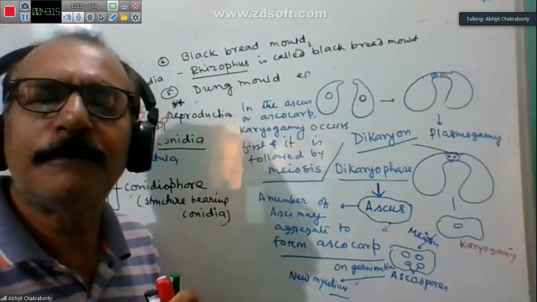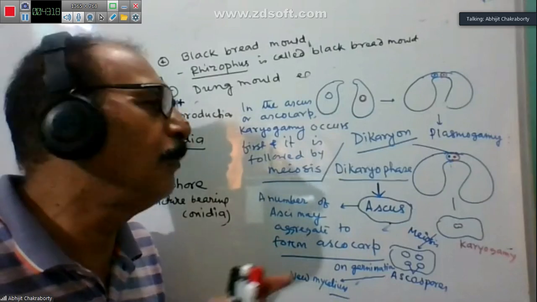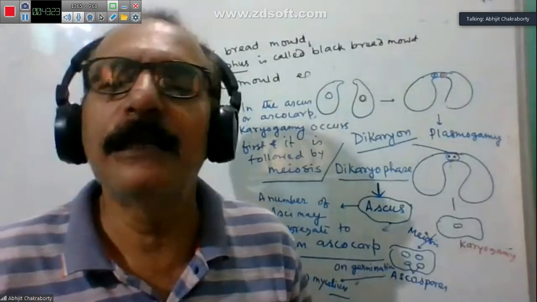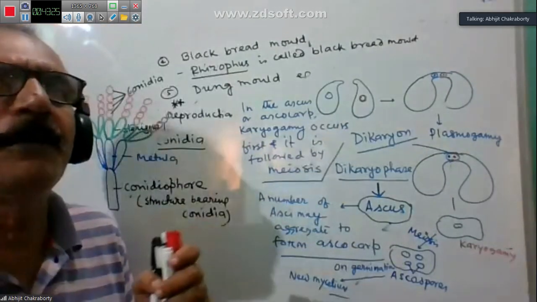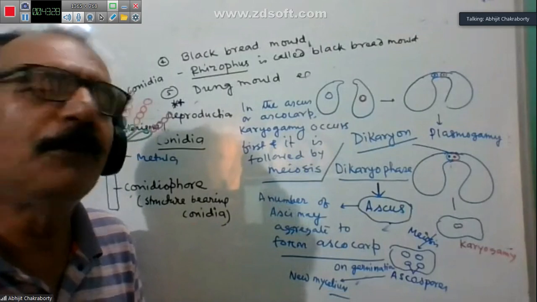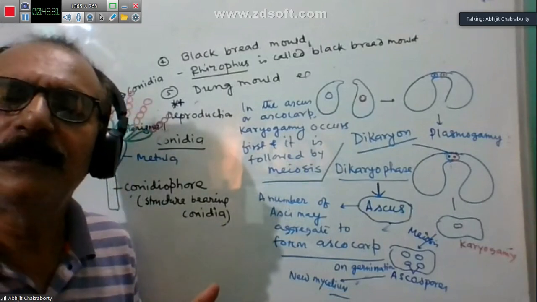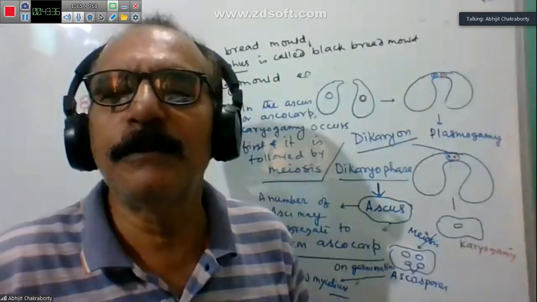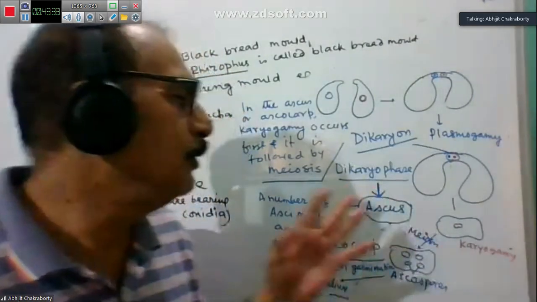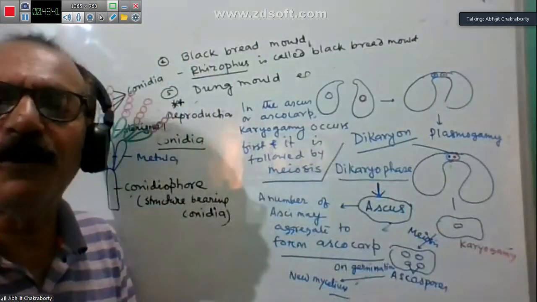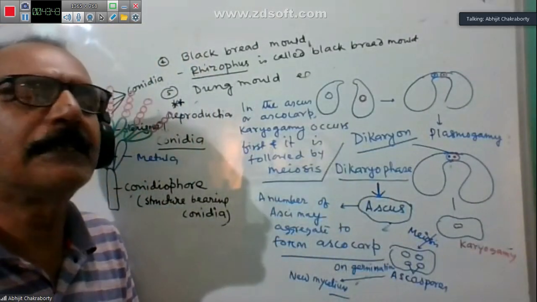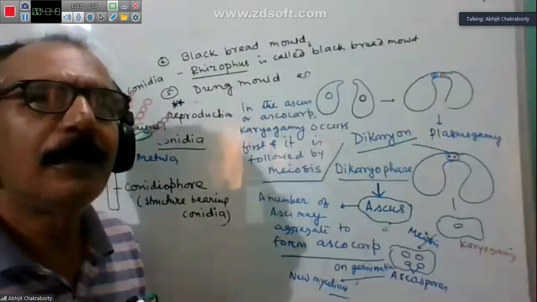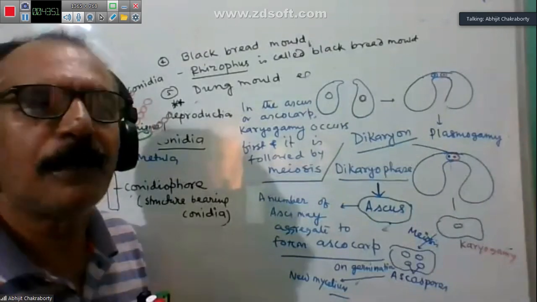Whatever is formed, inside it first karyogamy occurs. That means until ascus or ascocarp is formed, karyogamy is delayed. So karyogamy takes place in the ascus, so that a diploid cell is formed, which in turn undergoes meiotic division to produce the ascospores, which then germinate to form neomycelium. This is about the sexual reproduction type that is found in Ascomycetes.